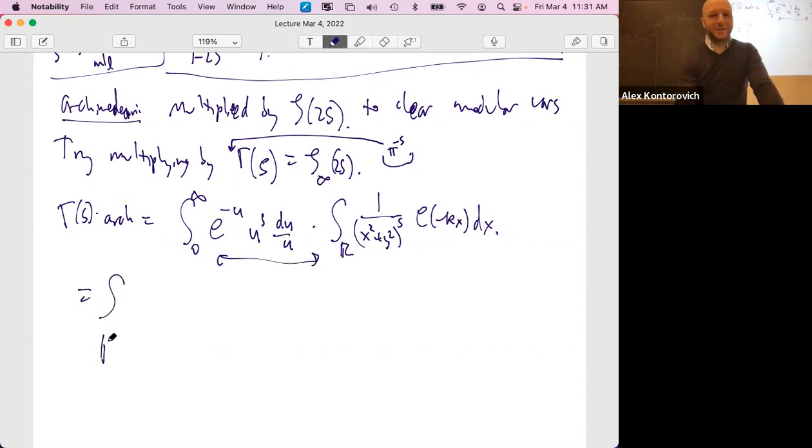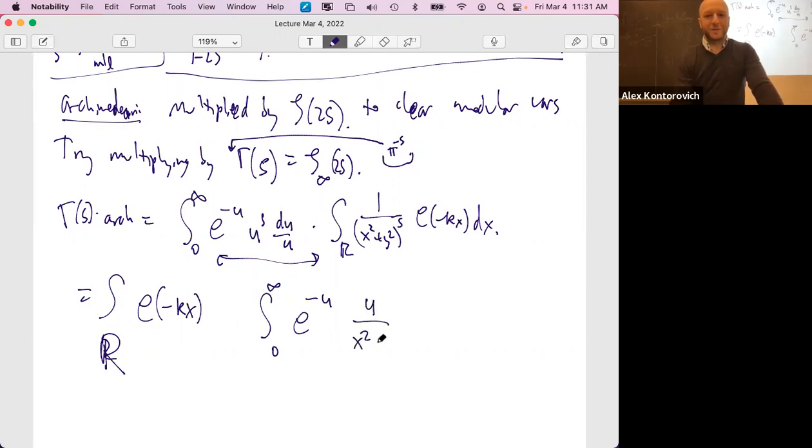Okay, so we're going to flip it into an integral over r. There's an e to the minus kx. And then an integral over e to the minus u. And now, instead of a u to the s, I want to write this as u over x squared plus y squared.